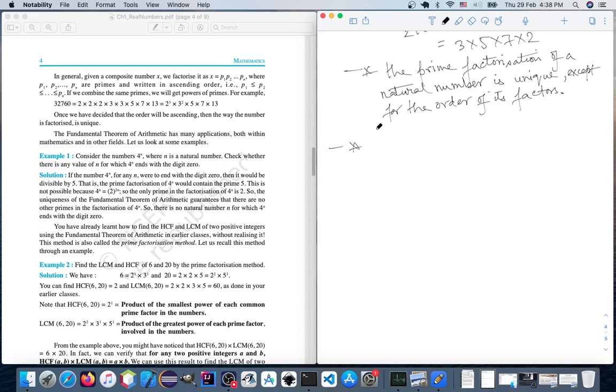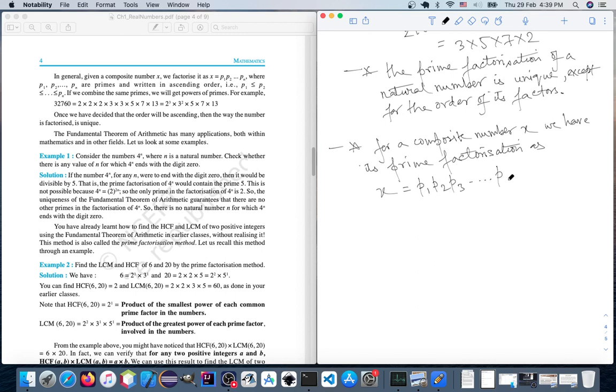So for a composite number x, we have its prime factorization as x equals p1 into p2 into p3, this way.